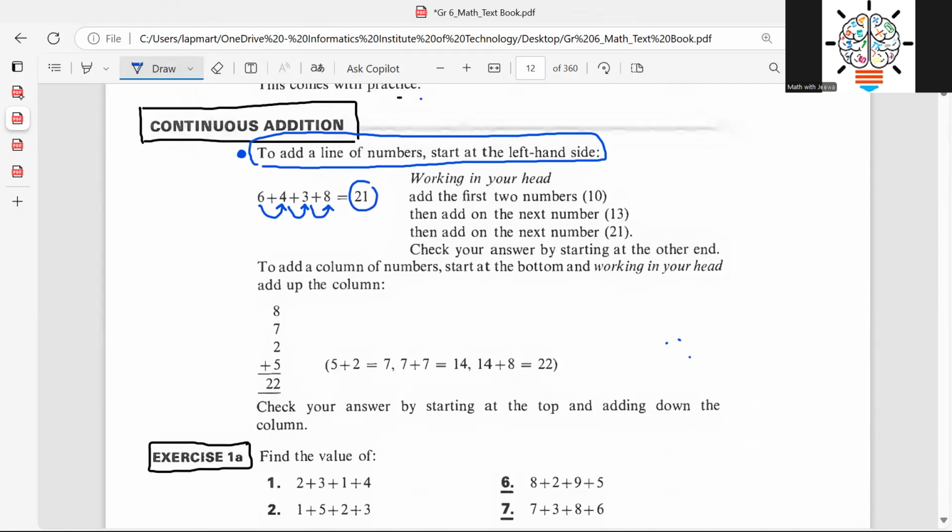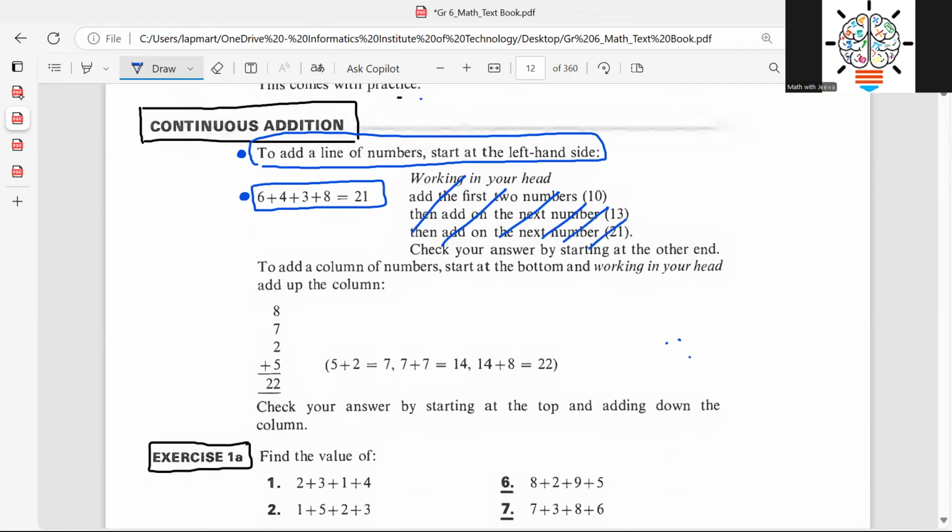When you have numbers to add like this as a line, always you start from the left-hand side, okay? And then you add the numbers one by one. So this is the second point you are writing. You don't want to write these things.